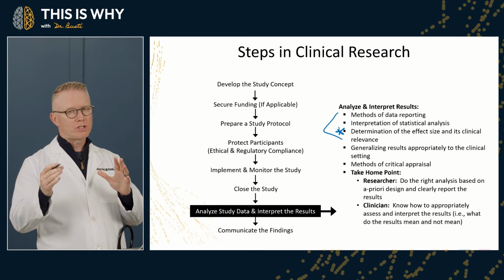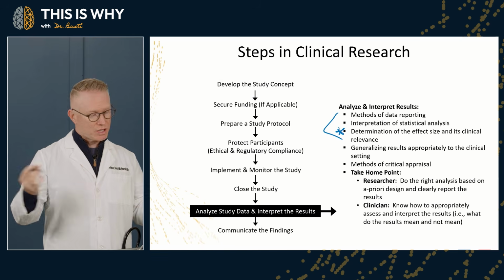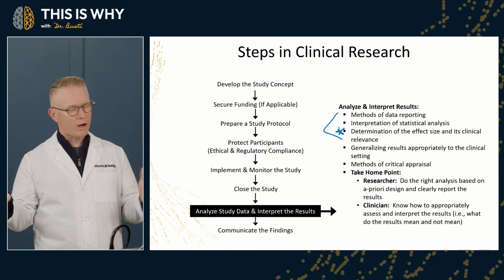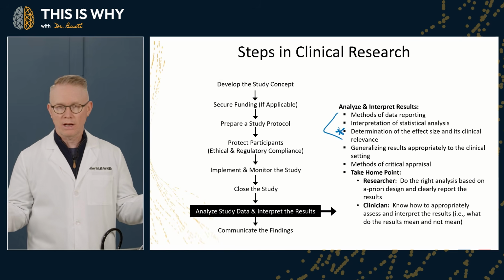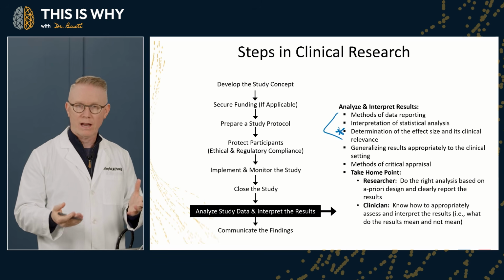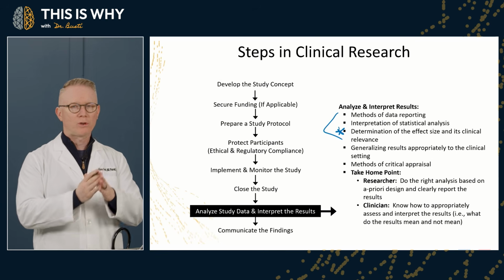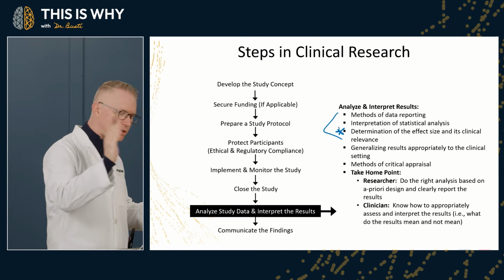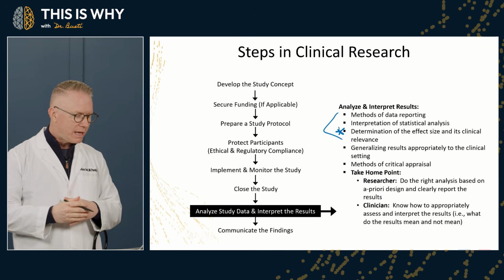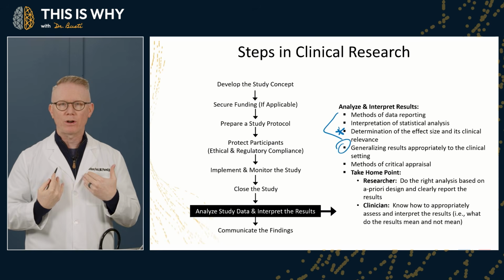Now, researchers must also consider the possibility of statistical errors, such as type 1 and type 2 errors, that I'll dive into deeper in other topics within this overall collection or series on how to do clinical research. We also need to assess whether the results can reasonably be generalized back to the overall clinical environment, especially ours.